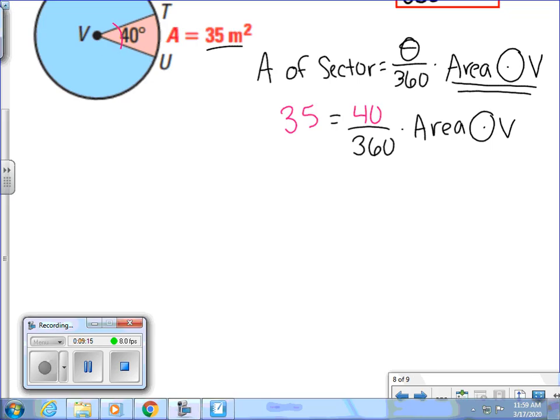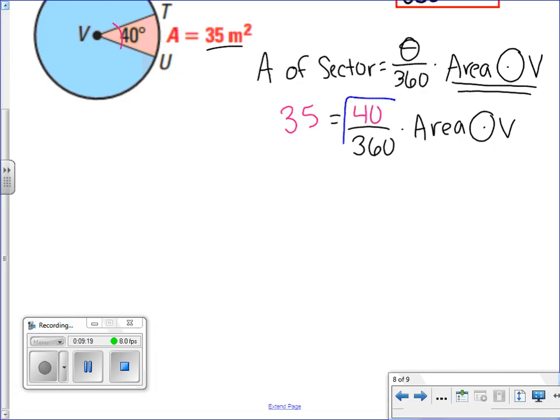Once again, this is just a number. This number is being multiplied by the area of circle V. So to get rid of what I have outlined in blue, to get rid of multiplication, I just have to use division.